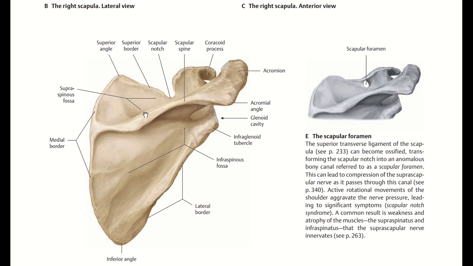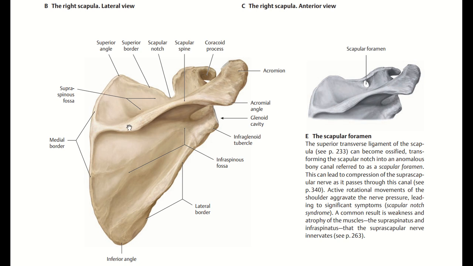Posterior to your scapula, you're going to have two fossa, a supraspinous fossa and an infraspinous fossa, separated by the spine of the scapula. Right. Take note, the spine of the scapula is aligned by T3. Good.